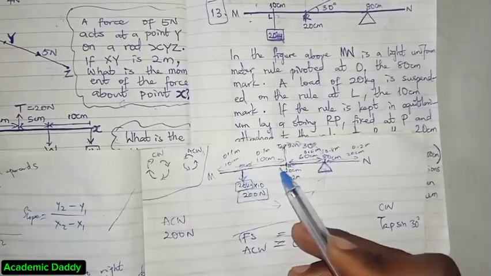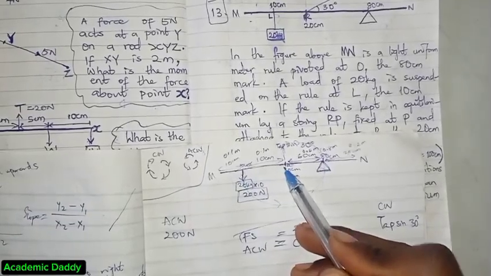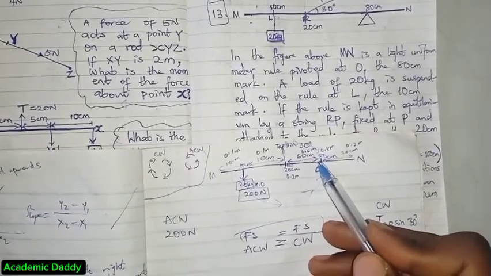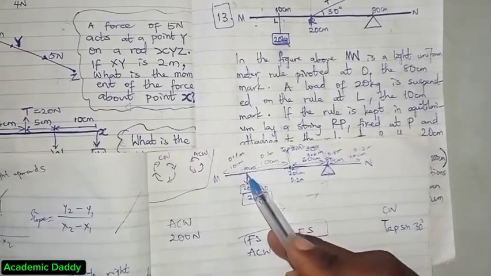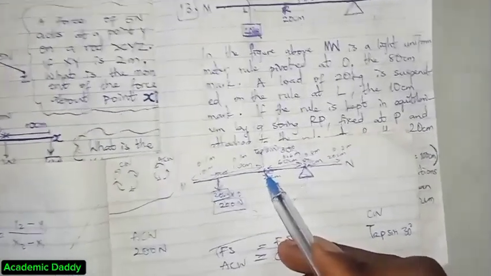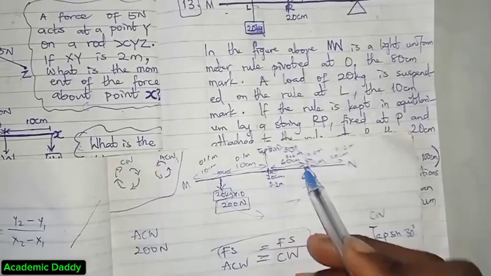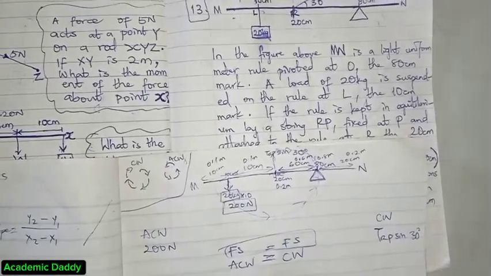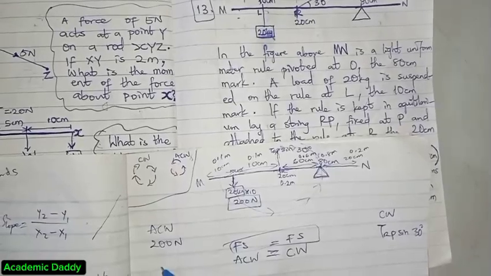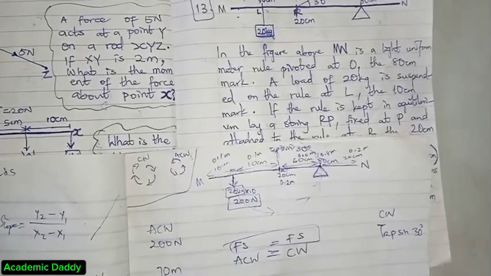So 10 plus 60 gives 70. So before you get to that pivot, it is 70.